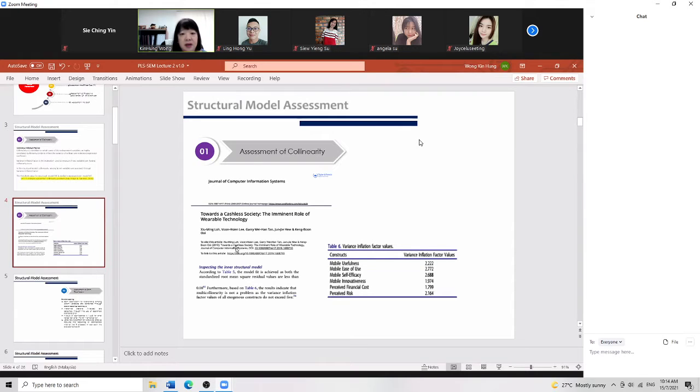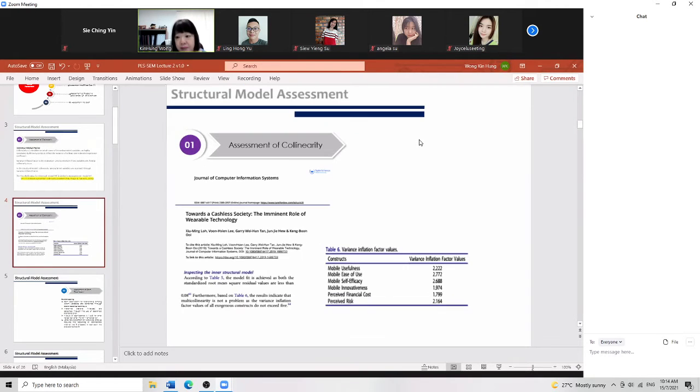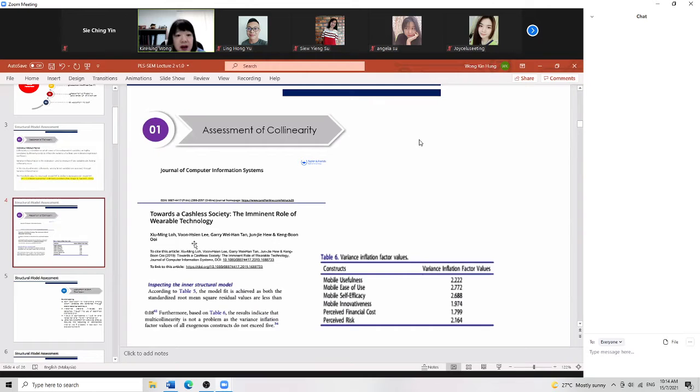All right, so here is an example. Slightly bigger, easier to read. So you see here, this is the VIF they have here. You see all this, mobile usefulness. Okay, so it achieved the standard, showing there is no multicollinearity, as the variance inflation factor does not exceed 5.